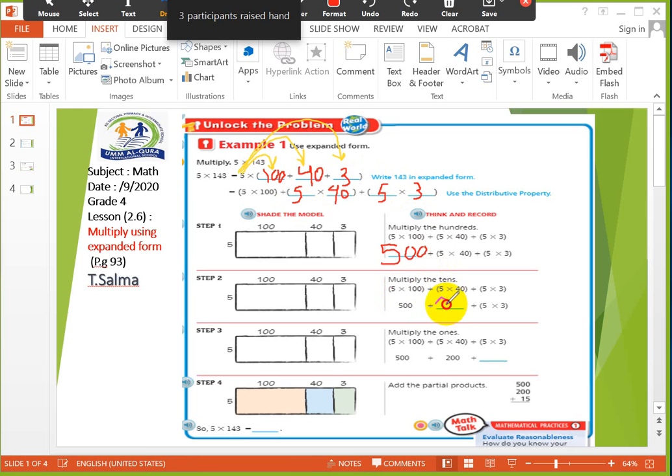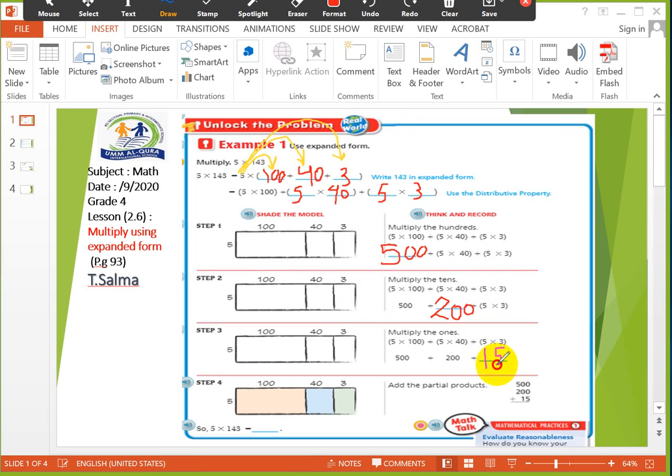As we said in the pattern, girls. Then I will put 0 next to the answer, so it will be 200. Now, last thing, I will multiply this 5 with 3. 5 multiply 3 equals 15, right? So I will write 15.